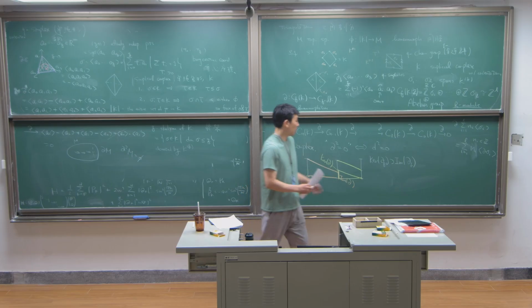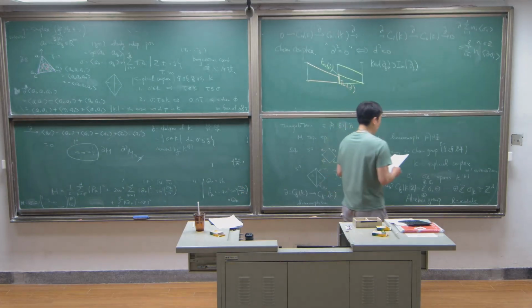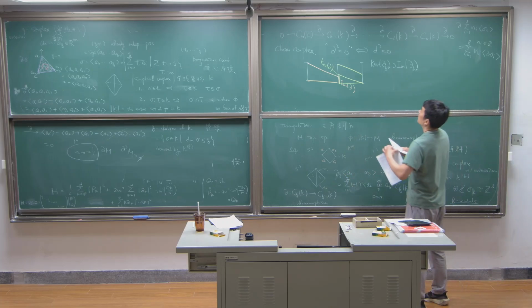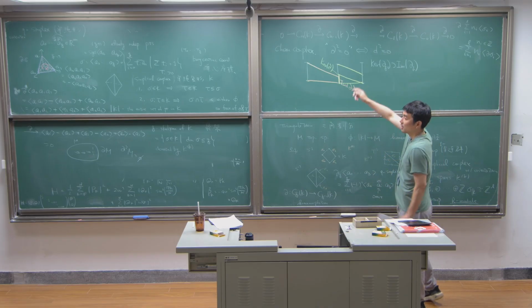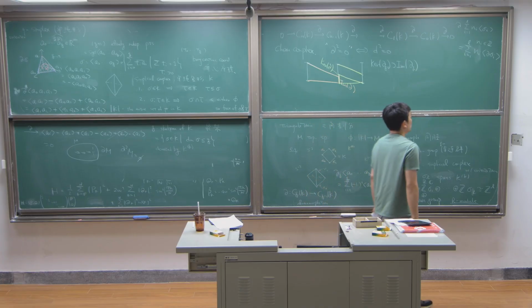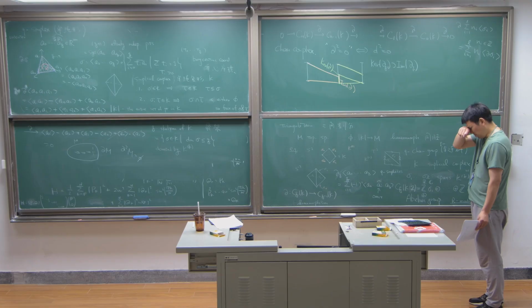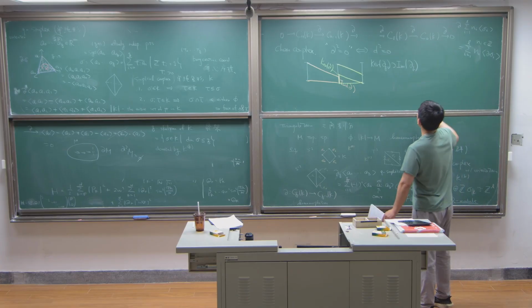And of course, as in de Rham cohomology, we will define the difference between the homology and the differential form complex, which is de Rham cohomology.